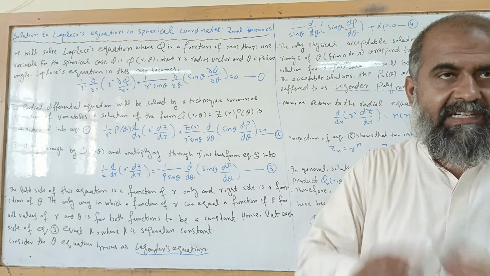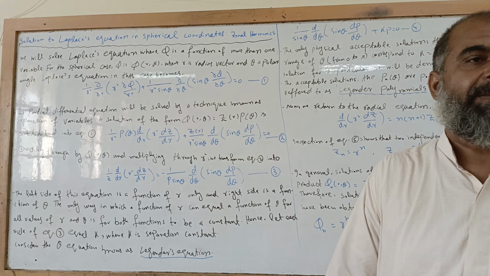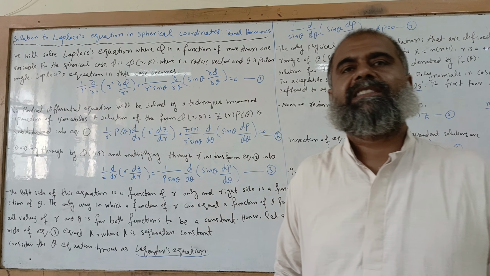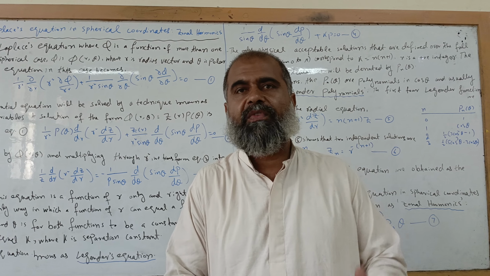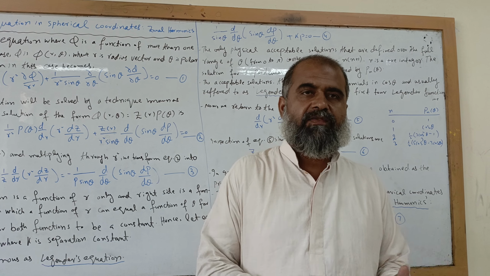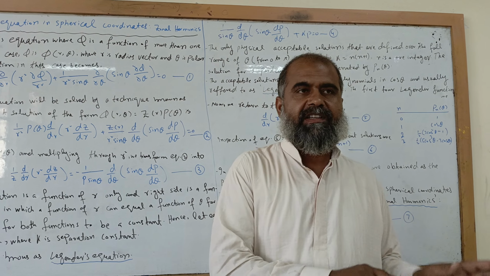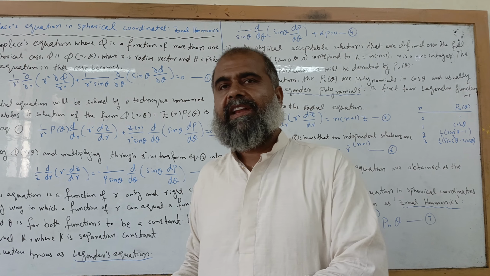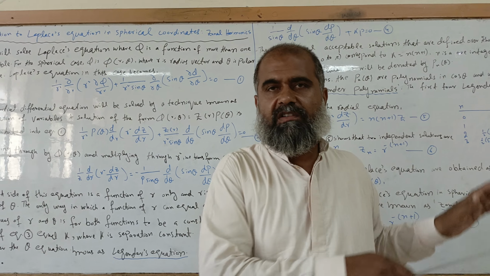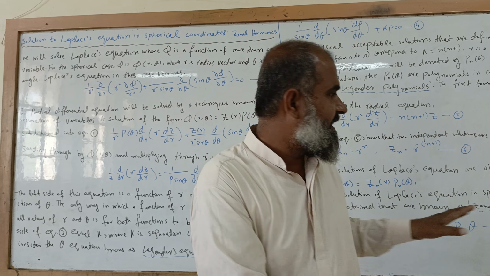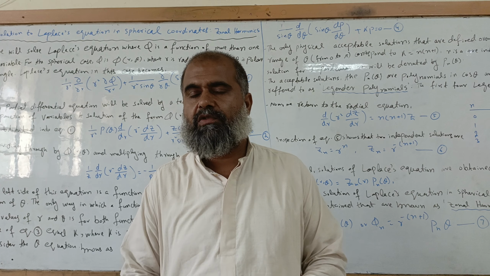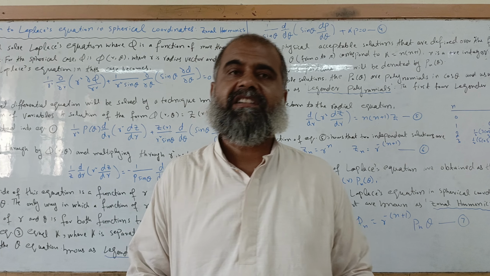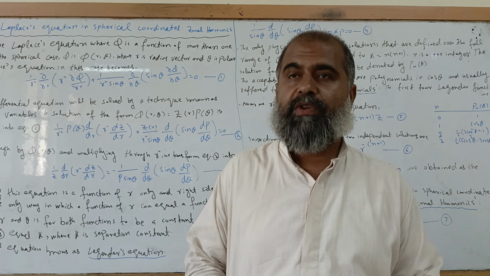Then we separated this equation using the separation of variables method, and we used a separation constant k and assigned it a value of n into n plus 1. Then we solved both parts, the radial part and the polar angle part, and we got some solutions that were called the Legendre polynomials, and in general the solution of this equation resulted in the zonal harmonics.